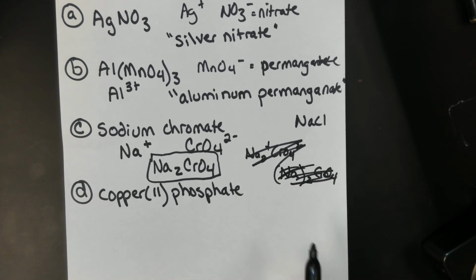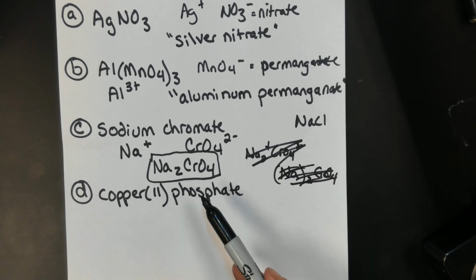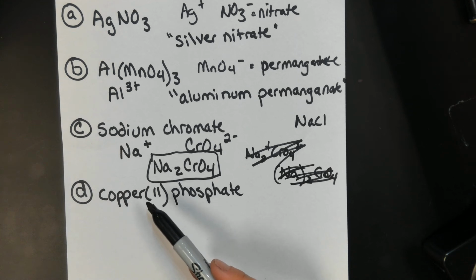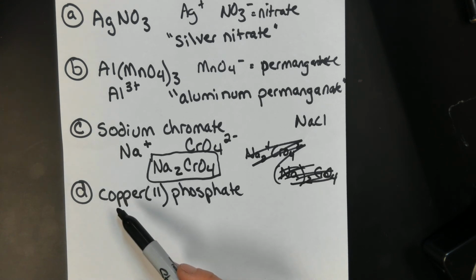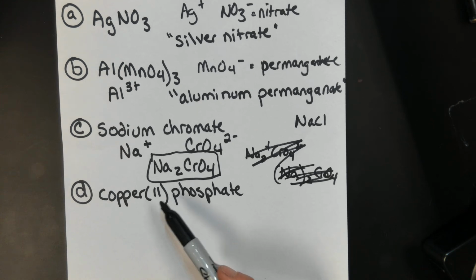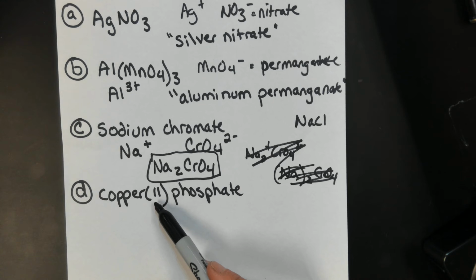Let's move on to another example here. Copper 2 phosphate. Copper, if you guys recall, is not in group 1, it's not in group 2, it's not in group 7, and it's not aluminum, zinc, or silver. So we don't have to memorize copper. In fact, we can't. Copper can have multiple different charges. It's a transition metal. So if you notice, it says a 2 after copper.